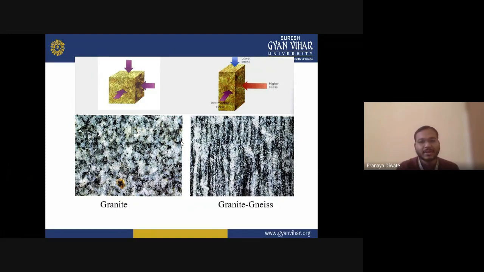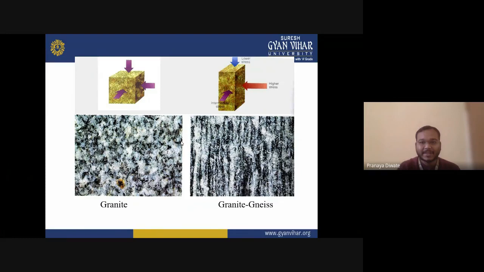So, for example, granite is changed into granite gneiss. When you have granite, it gets uniform pressure from all the sides.